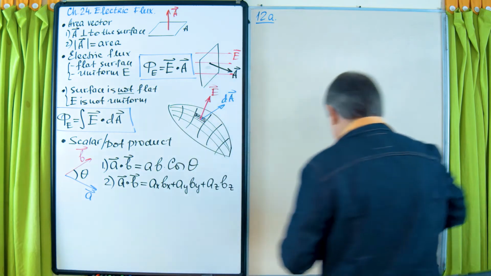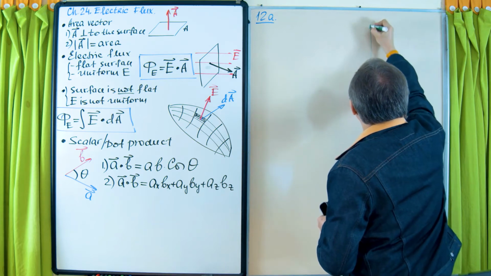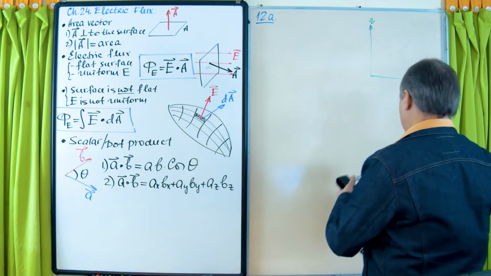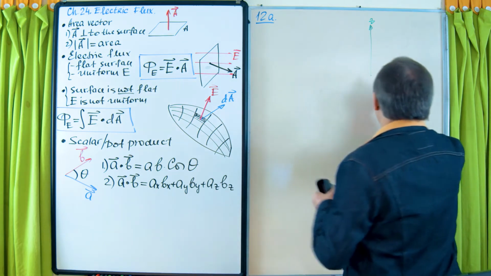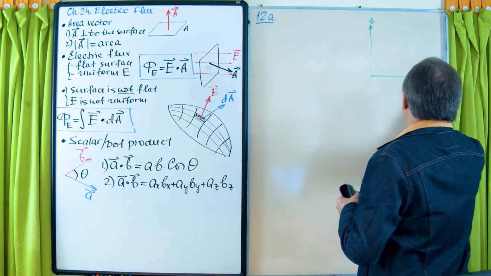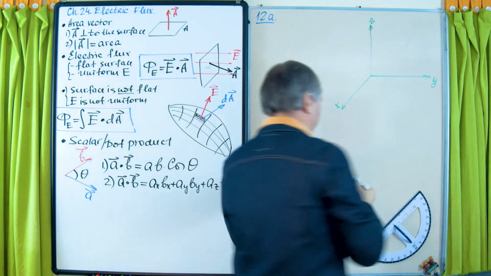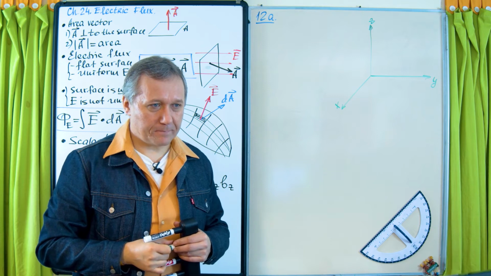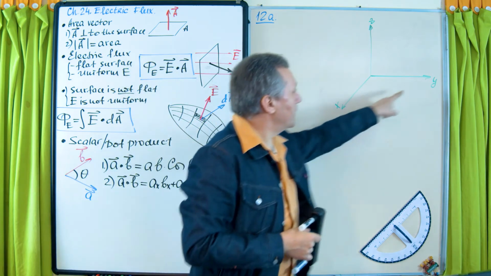So let's say this is z, y, and x. So right-handed coordinate system. And our surface lies in the xy plane.